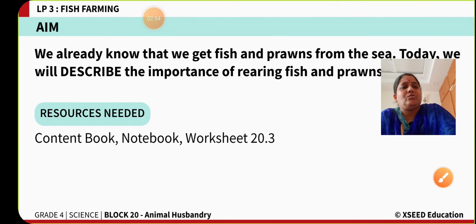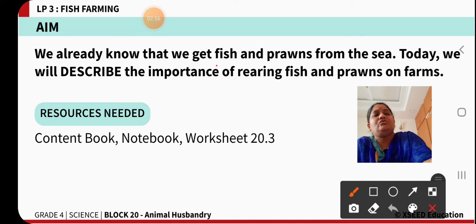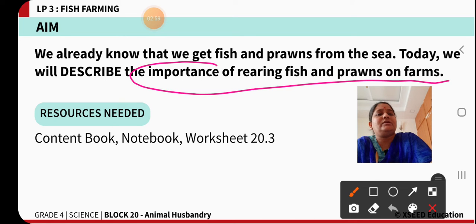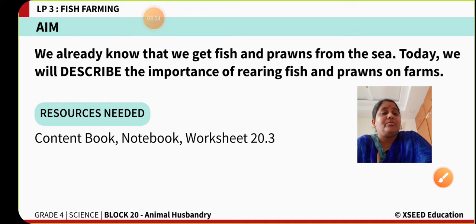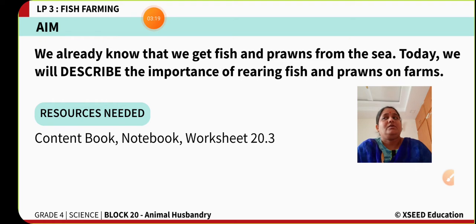The main motto of our today's class is to know the importance of rearing fishes and prawns on the farm, because fishes and prawns are food materials which are protein-rich. So it is very much important to intake such protein-rich food. That is why rearing of fishes and prawns on farms is one of the most successful farming that is done in small scale areas or even large scale areas in India.